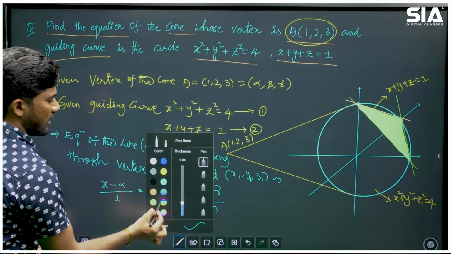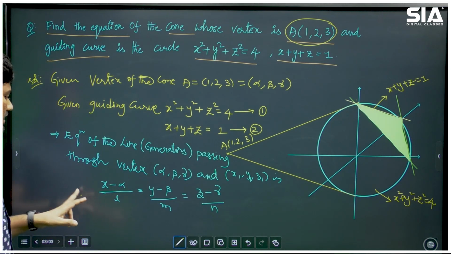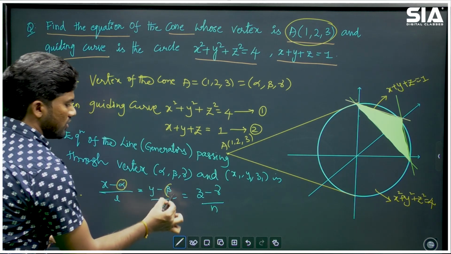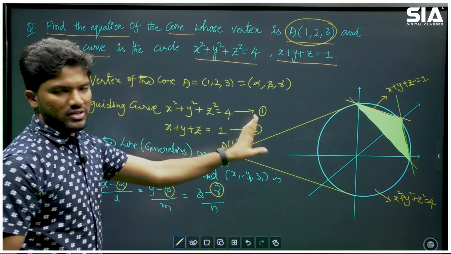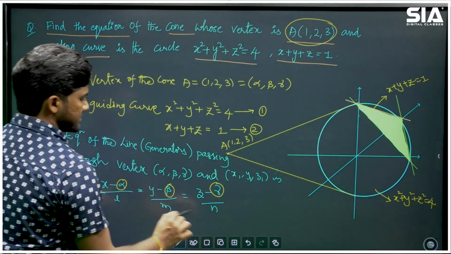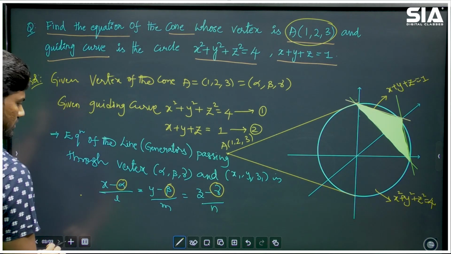Now in place of alpha, beta, gamma we can substitute 1, 2, 3.